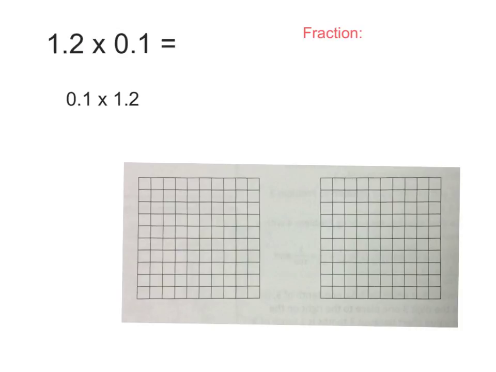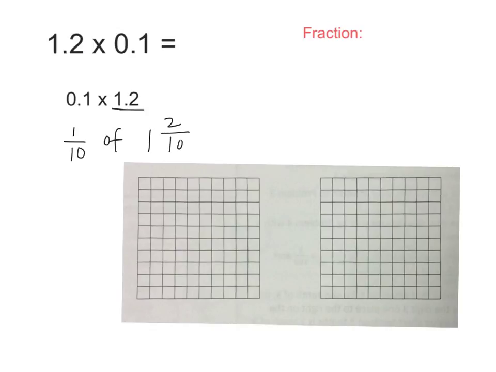Okay, let's write this as something of something. 0.1 written as a fraction is 1/10 of what? What is this? 1.2. How do I write that as a fraction? You got it. 1 2/10. So if I'm trying to find 1/10 of 1 2/10, do I color in 1/10 first or 1 2/10? Or sorry, 1 2/10 first.